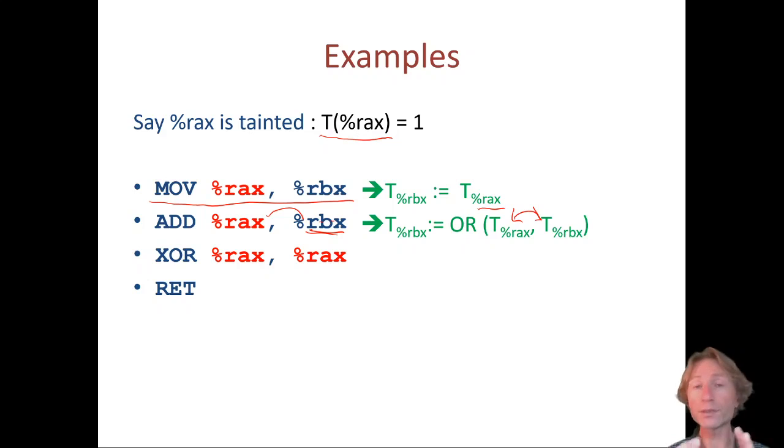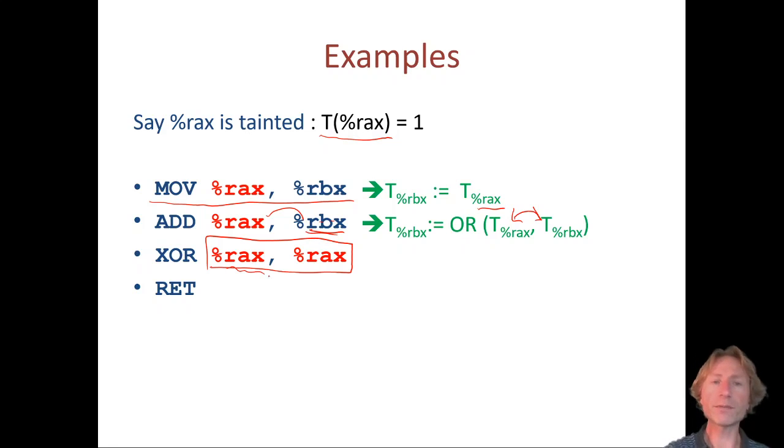And sometimes, we have to explicitly clear the taint. So this is taint cleaning. For instance, when we do an XOR of RAX with itself, because exclusive OR of RAX with RAX means that the value 0 will be stored in RAX. So there's nothing left of whatever tainted information was there.